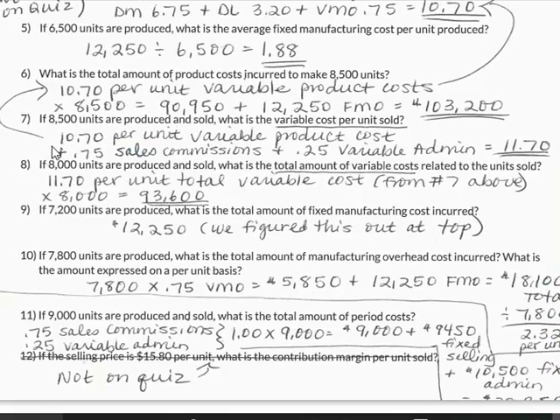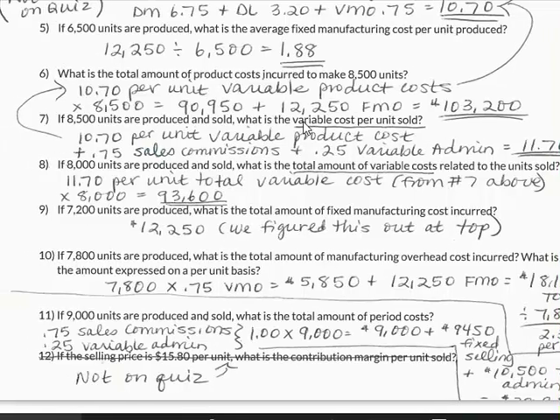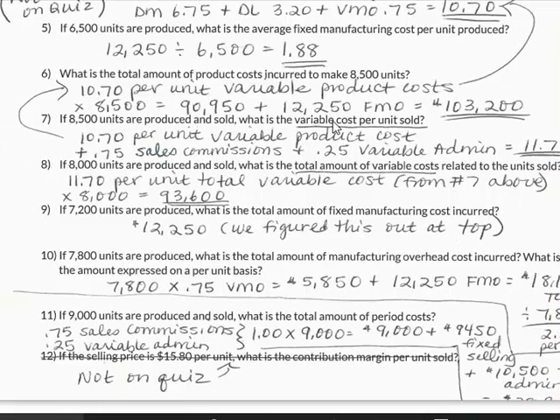In question 7, it's asking for the variable cost per unit sold, and this is not restricting you to just product or just period. So it's asking for all the variable costs per unit.